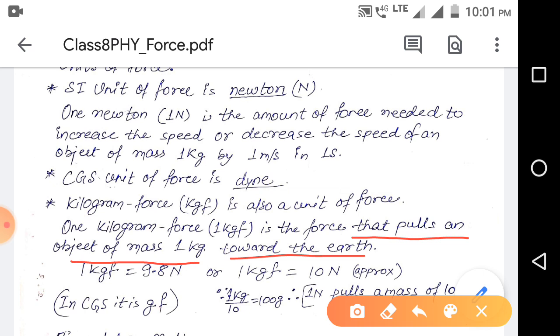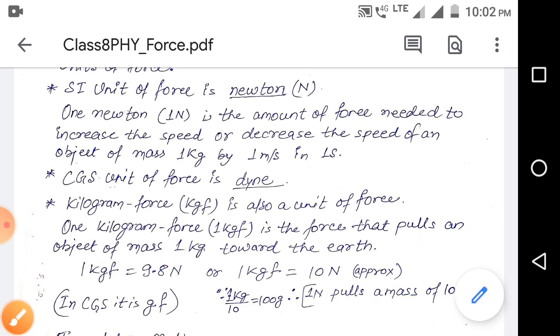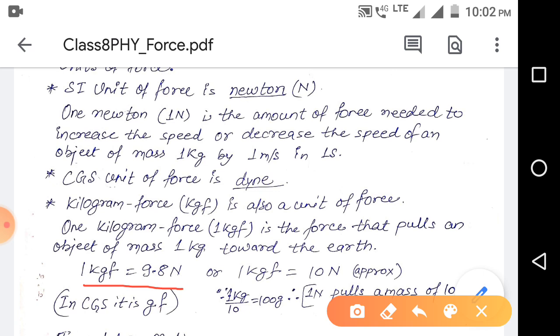So this is the quantity of force which the earth applies on an object of 1 kg mass. 1 kgf is given as 9.8 Newton, and the approximate value is considered as 1 kgf is nearly equal to 10 Newton. So 1 kgf is the force applied by the earth to pull an object of mass 1 kg.